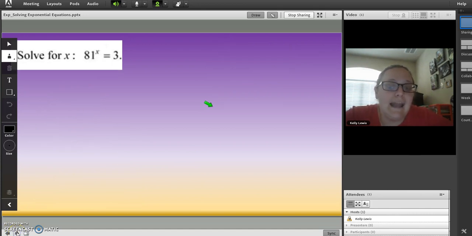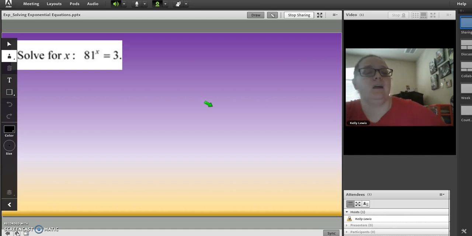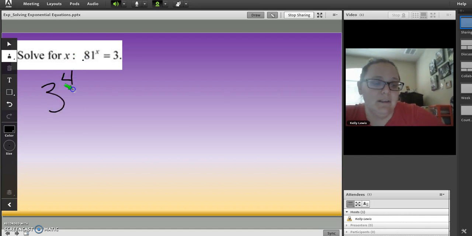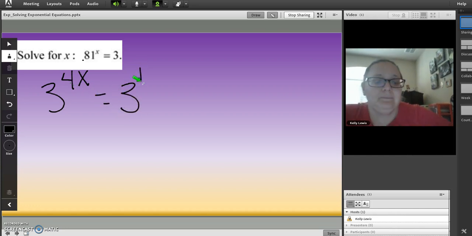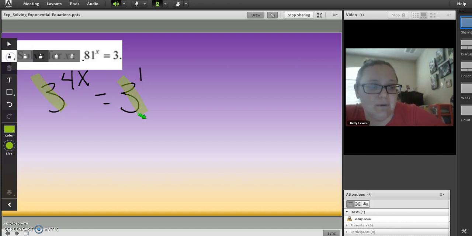Here, I need to somehow make 81 have a base of 3. I can think in my head, or I can go 3 squared, not good. 3 cubed, 27. 3 to the 4th, 81. So 81 is the same as 3 to the 4th, and then there's an x there. 3 is the same as 3 to the first power. Now they have the same base, so you can just set the exponents equal to each other.